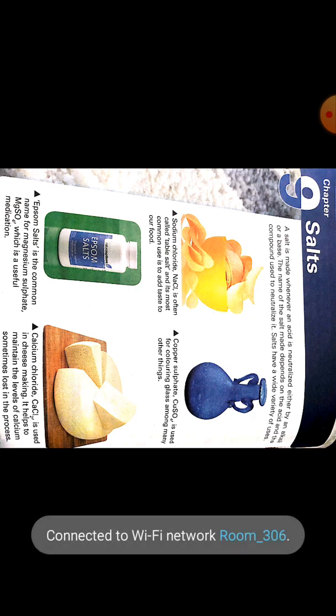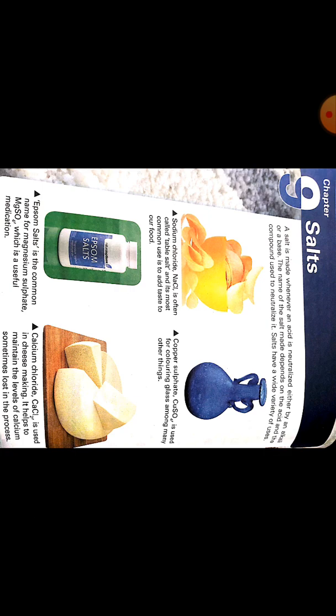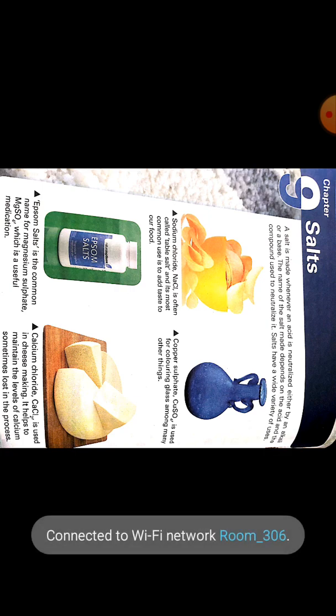Sodium chloride has formula NaCl, copper sulphate CuSO4, magnesium sulphate MgSO4, and calcium chloride has formula CaCl2.